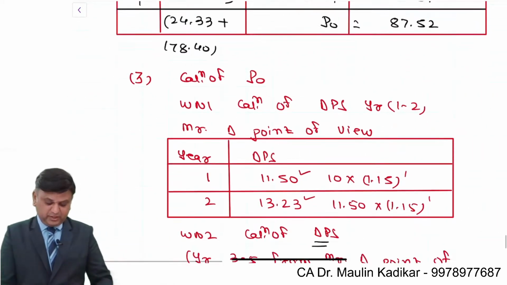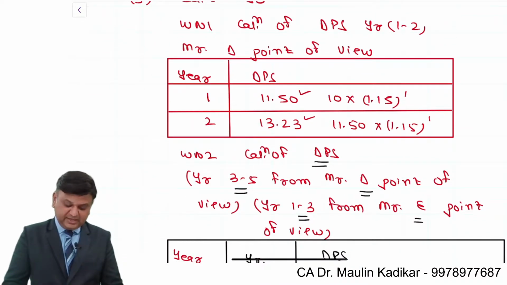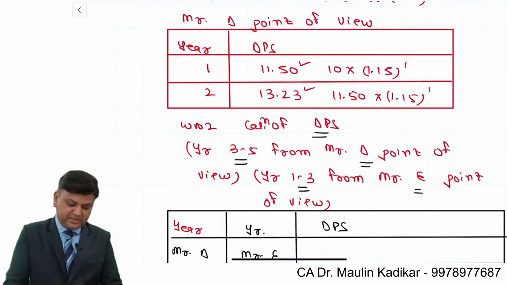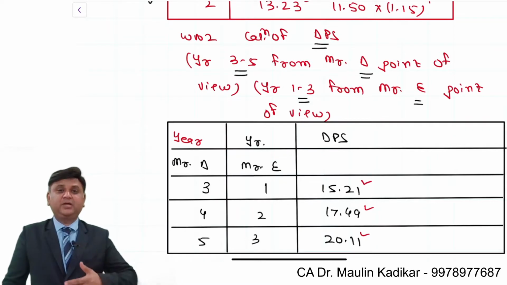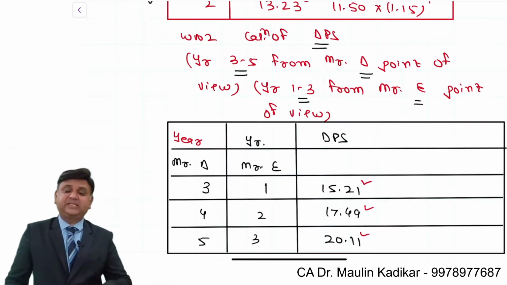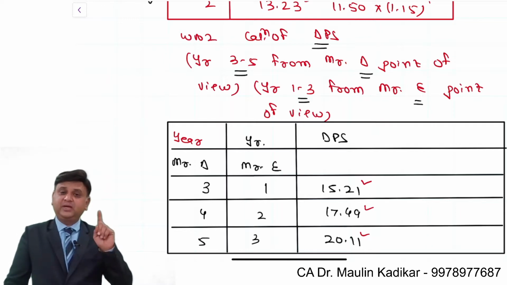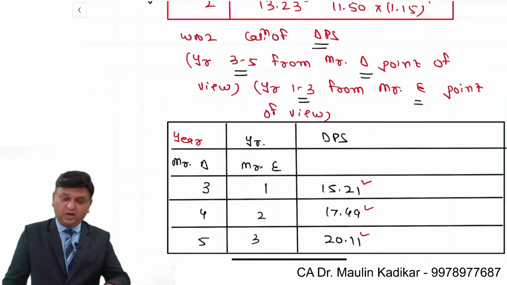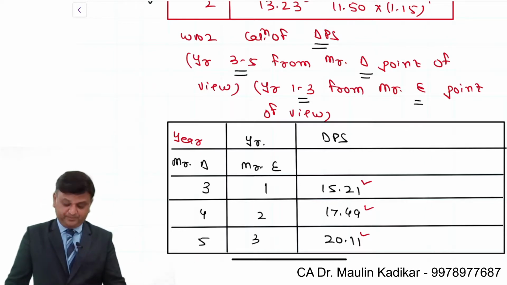Next, listen to me carefully. So the first simple working note, year 1 and year 2, dividend per share has been calculated. There is nothing great in it. Now we are doing the answer from the prospective investor point of view to compute the price that he will be ready to pay, the point at which he will buy the security. For him, remember that it is year 0, and from Mr. D point of view, it is the second year end.